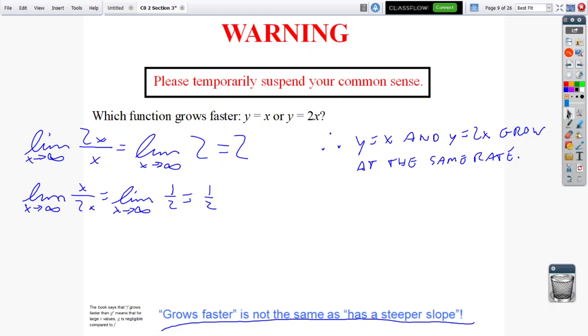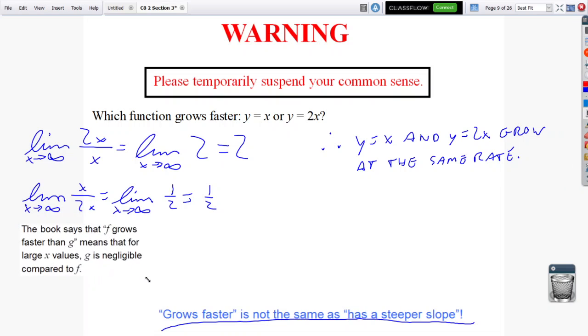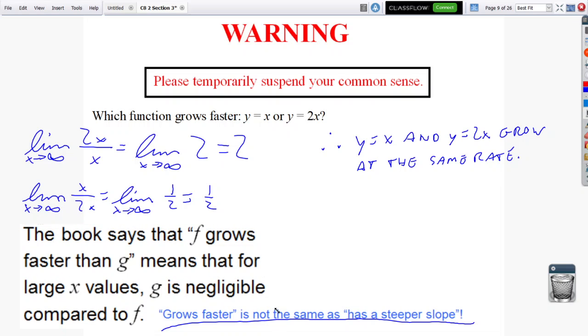And the way that the book puts it actually kind of makes sense if you read this like 85 times. The book says that f grows faster than g means that for large x values, g is negligible compared to f. So we're trying to say if f grows faster than g, that means that f is infinitely bigger than it. Not 2 times bigger than it like we're talking about over here. We have to say it's infinitely bigger.